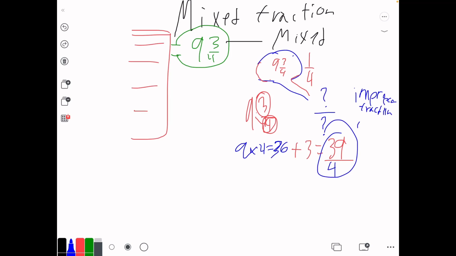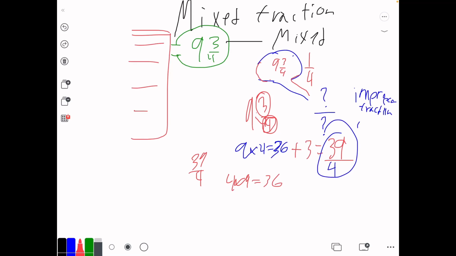Now let's say you want to change it back. You don't want an improper fraction. You want a mixed fraction. So what you would do is, okay, 39 over 4. When you go by 4s, you go 4, 8, all the way. And then the closest number to 39 is 4 times 9, and that's 36, right? Because there would be 40 after.